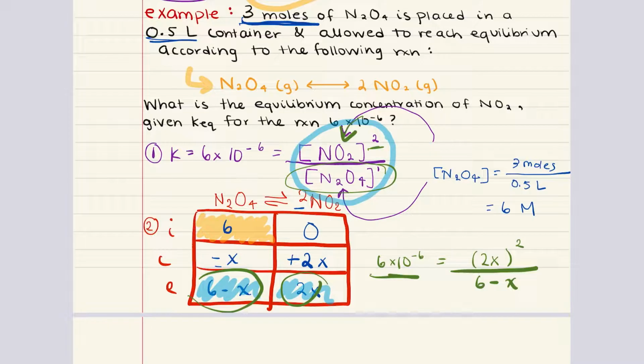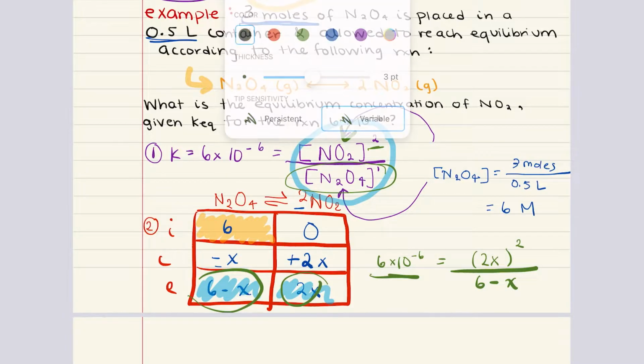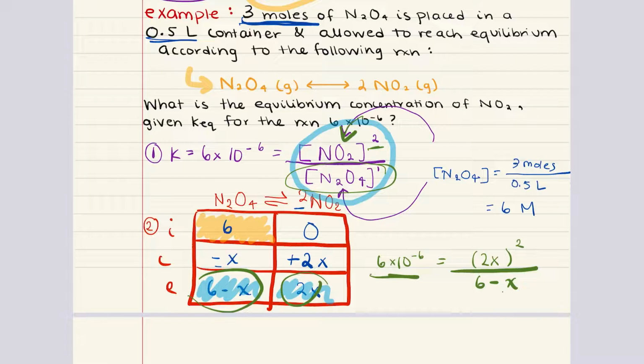And what that does for us is simplify our calculations because now we can approximate this 6 minus X term to just 6. All right, so now our denominator is just 6 instead of 6 minus X. And this makes our math very easy. Now we can multiply both sides by 6. That gets us 36 times 10 to the minus 6 equal to 2x squared.